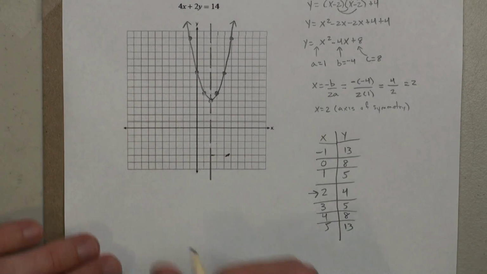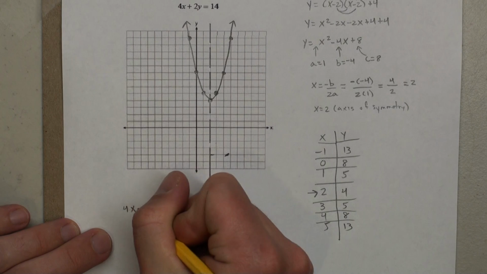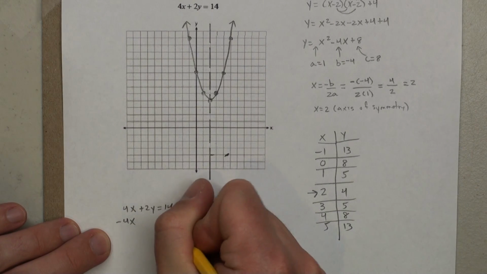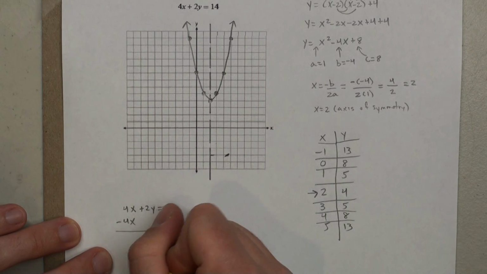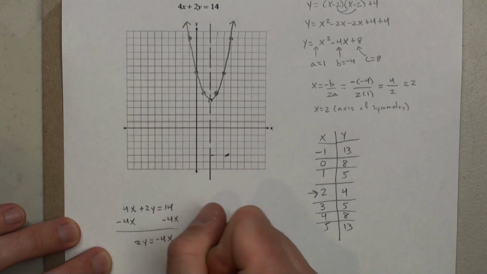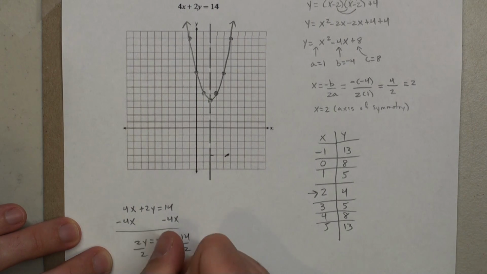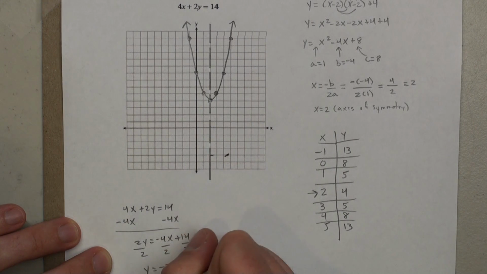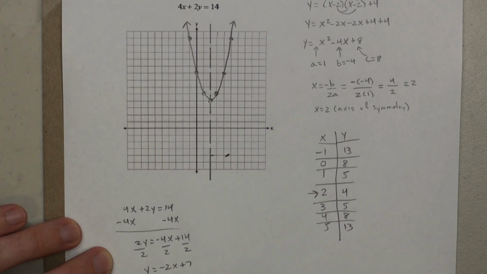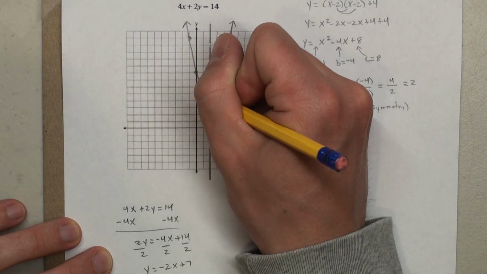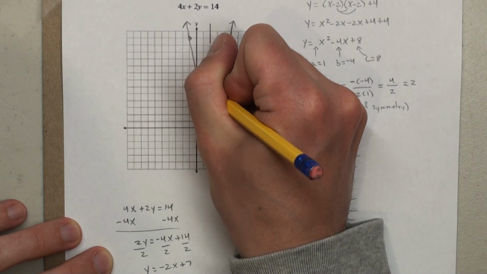Now let me work with my line. 4x plus 2y equals 14. You know that you have to fix this thing up. 2y equals negative 4x plus 14. Divide everything by 2. Y equals negative 2x plus 7. So I go through 7. 1, 2, 3, 4, 5, 6, 7.